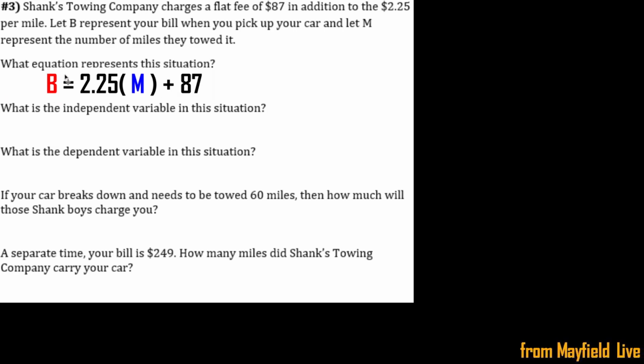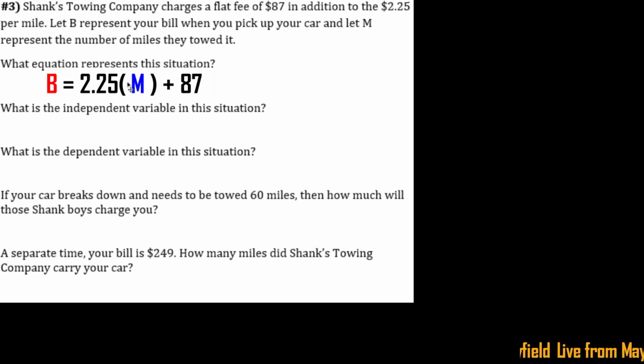Again, in the place of where our Y would be, we have B for our bill. So that would be the output or the result. And we say B equals 2.25 times M. So we're saying for each mile that we drive, it's $2.25. And then it's plus $87 to start with.